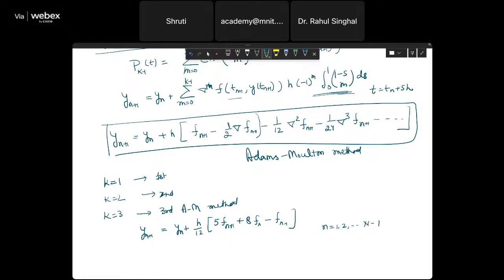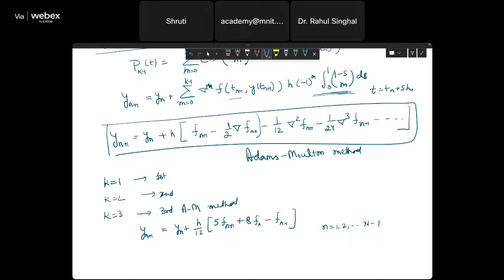And as I mentioned earlier for the Adams-Bashforth method, here also the approximate solution at the previous steps will be calculated with the help of an appropriate single step method, meaning a single step method with acceptable accuracy. Fine. So with that, we will be able to calculate the approximate solution at the different steps.